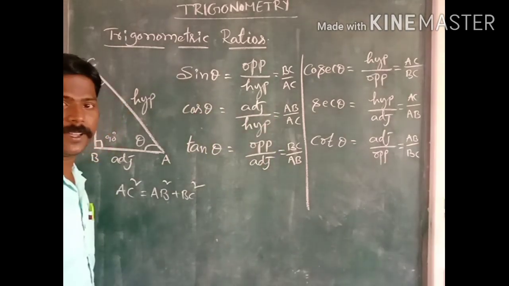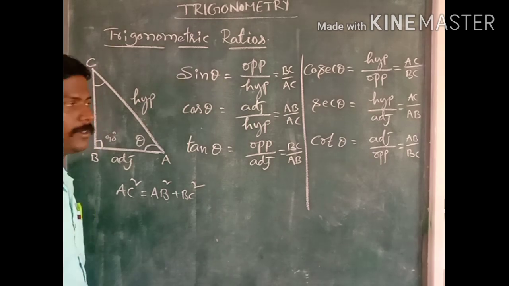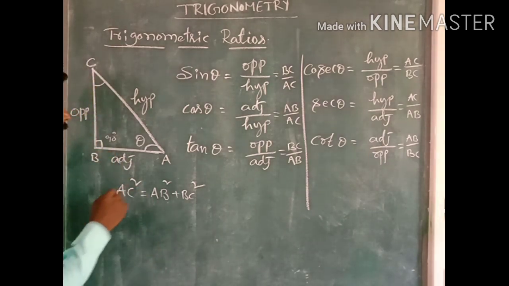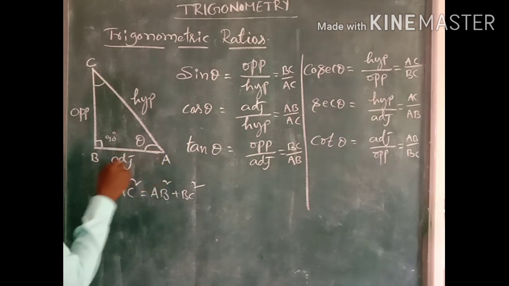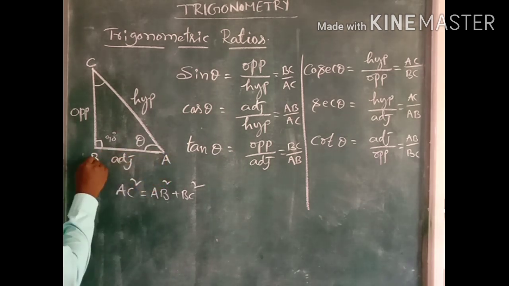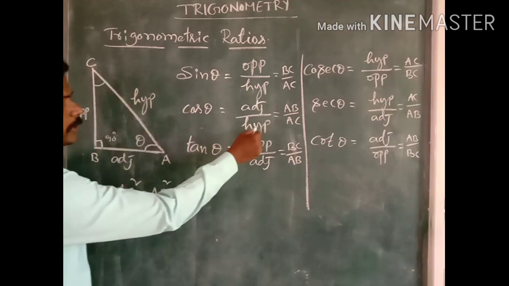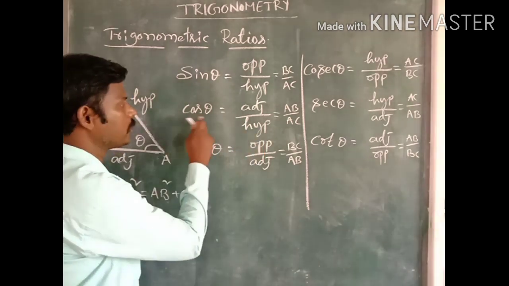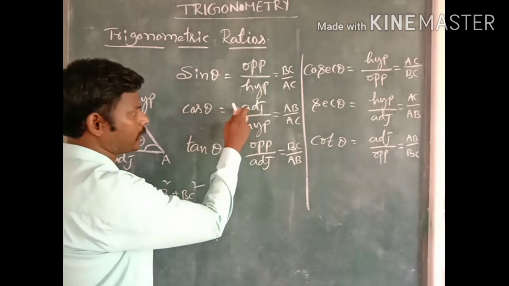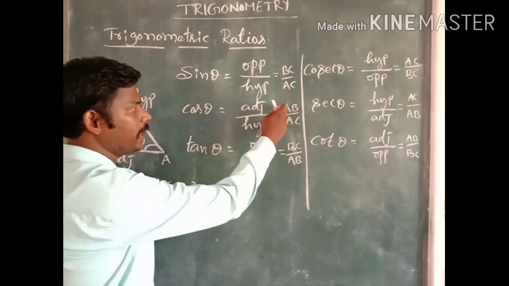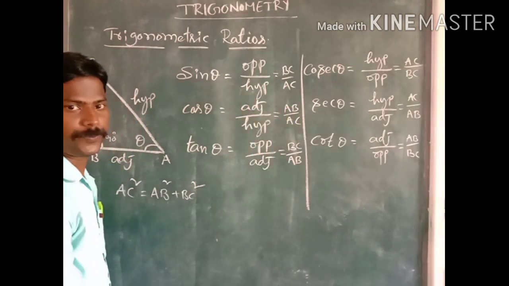Adjacent side by hypotenuse, or base by hypotenuse. From the diagram, what is the base or adjacent side here, children? AB. What is the hypotenuse? AC. So we can denote cos theta equal to adjacent side by hypotenuse is equal to AB by AC.